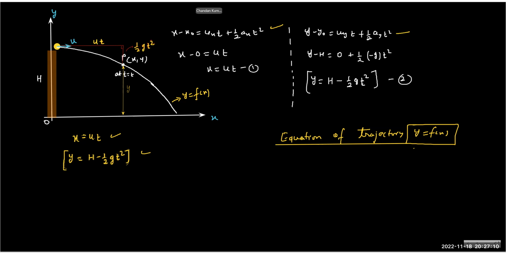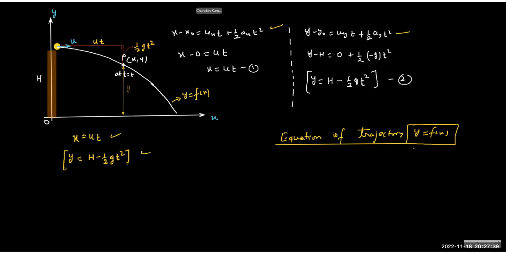So what we need to do to get the answer? Tell me. We eliminate the common variable. That's simple. Because we want only the relation of y with x. Nothing should come in between, no other variable. Is it clear?